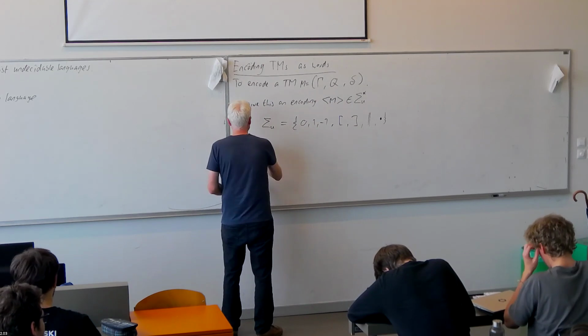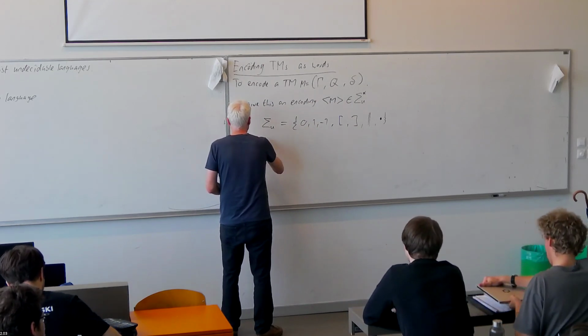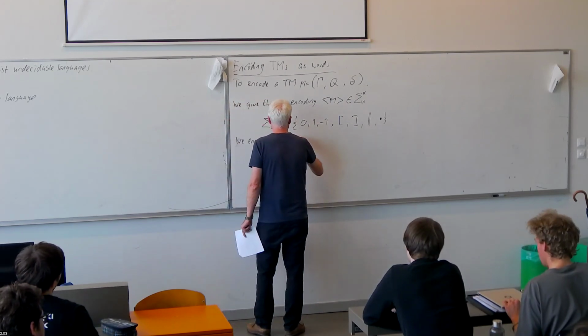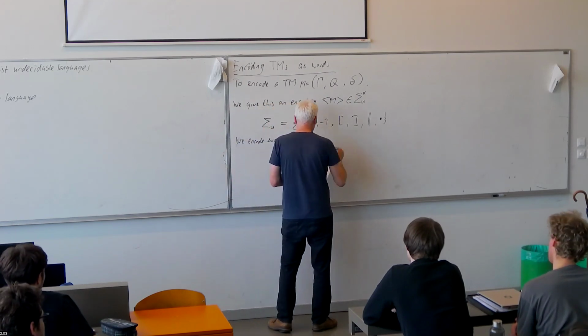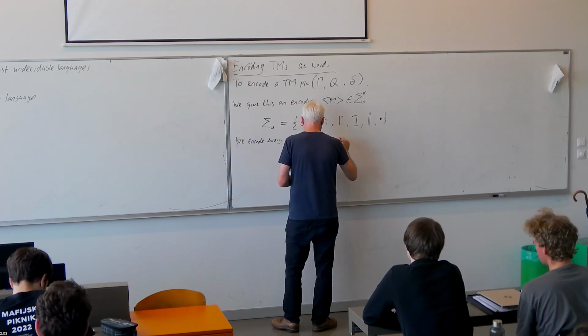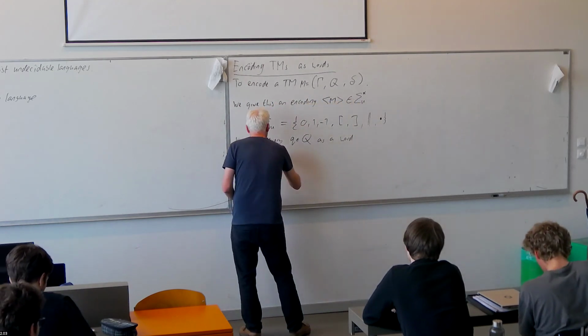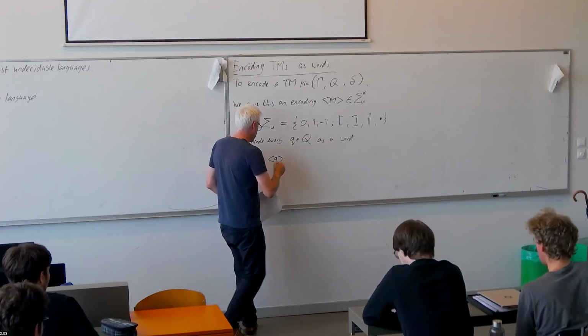So we encode every control state, little q, in the control space of the machine as a word. So for control states, again, we use angle brackets to say we're encoding the state.